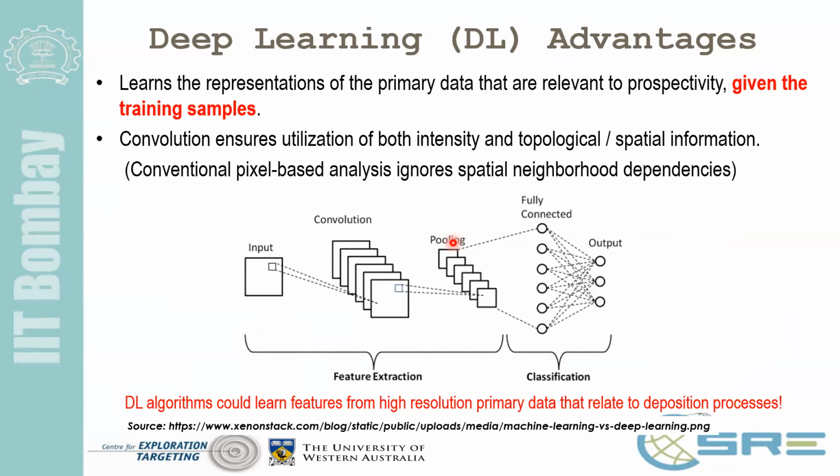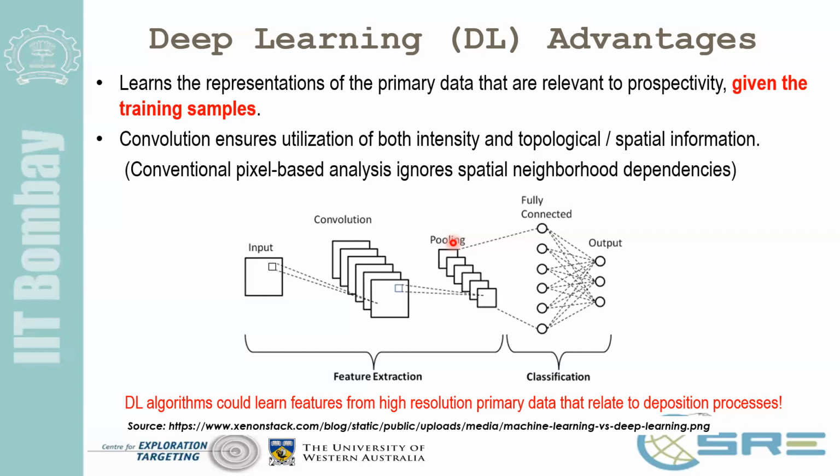And for that, we are typically using what we call the convolutional neural networks that involve not just looking at a specific pixel, but the neighborhood of the pixels. So essentially, the idea is to capture not only the intensity value or the measured value at a pixel, but also the topological information. What is the relationship between the value of one pixel to another pixel?